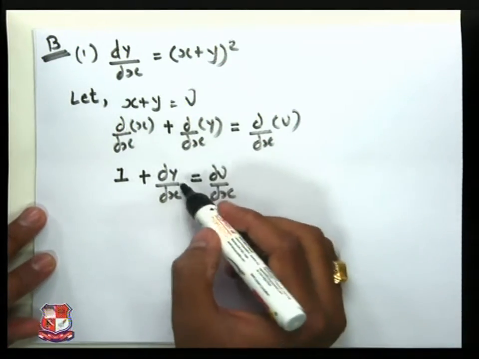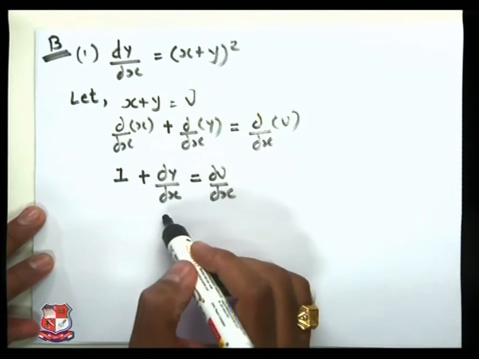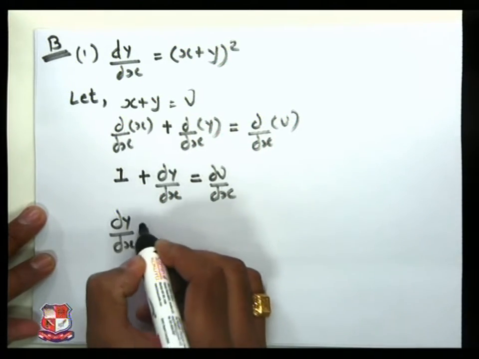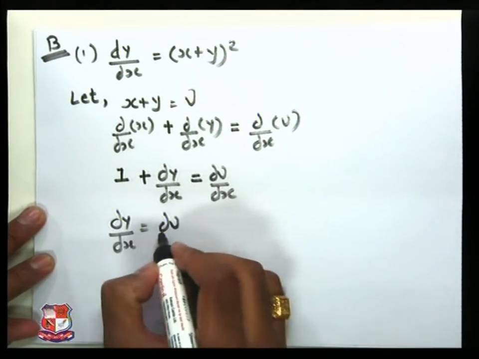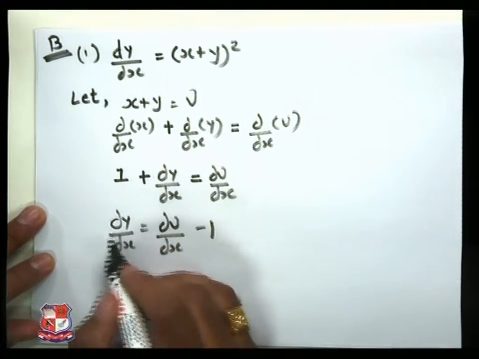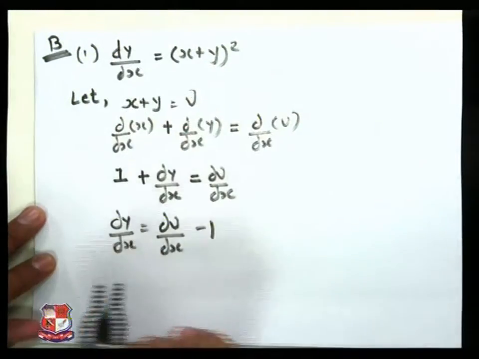So we replace dy by dx over here. So dy by dx becomes dv by dx minus 1. So we replace our dy by dx, that is dv by dx minus 1, in our main equation.